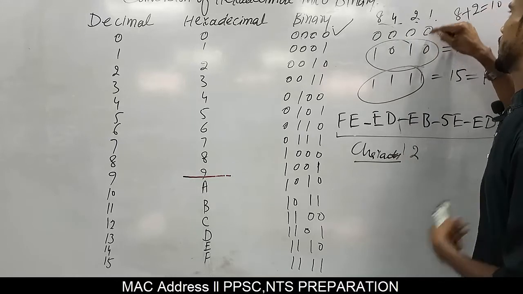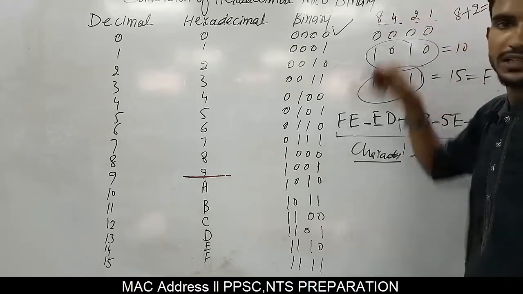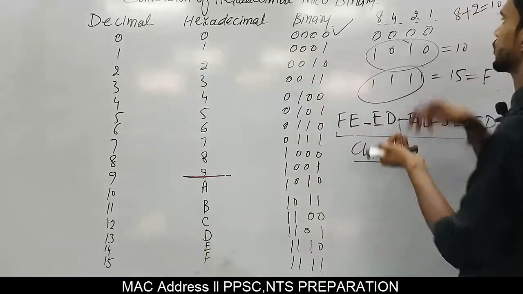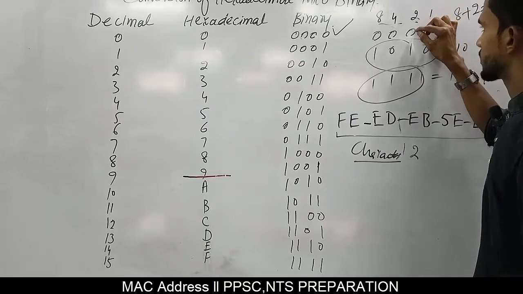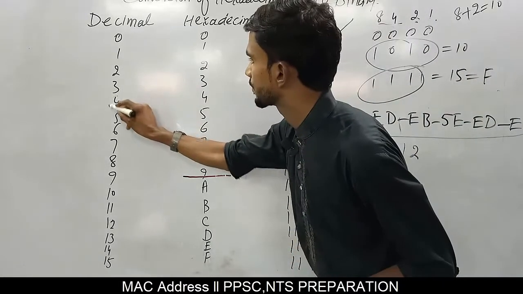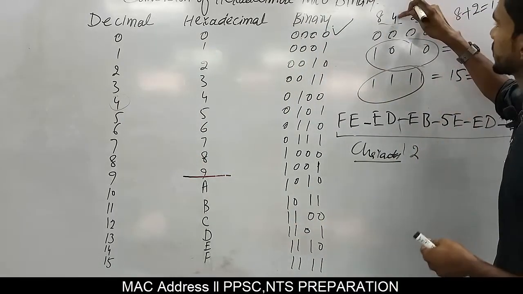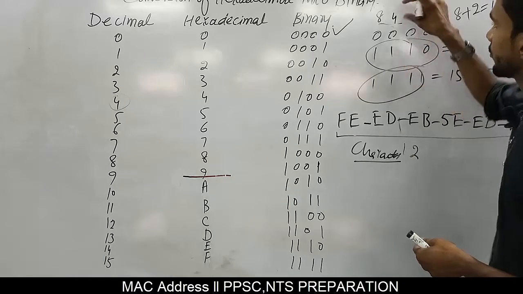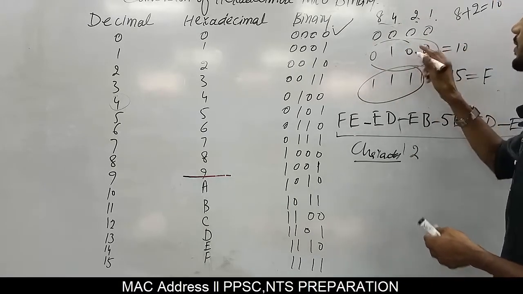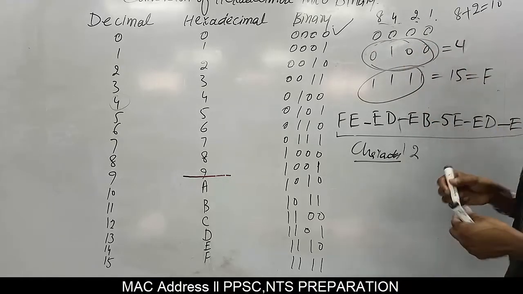Over each 0 you have to write 1, likewise 2, likewise 4, and likewise 8. So for example you have to make 4. What will you do? Just write 1 instead of 4, and the rest of the numbers will remain the same. So this will be equal to 4.